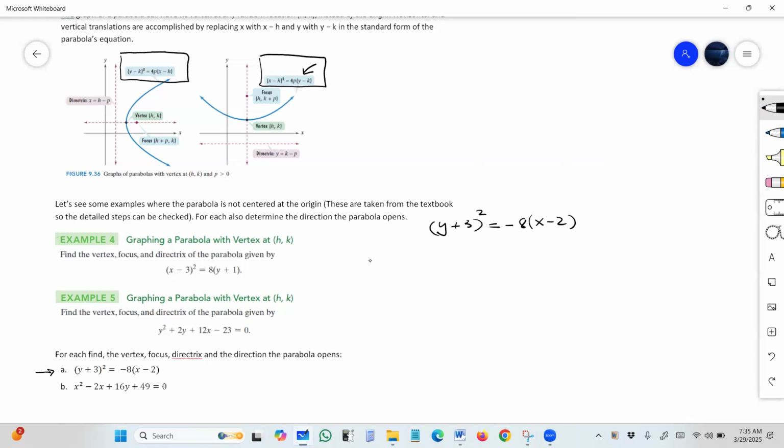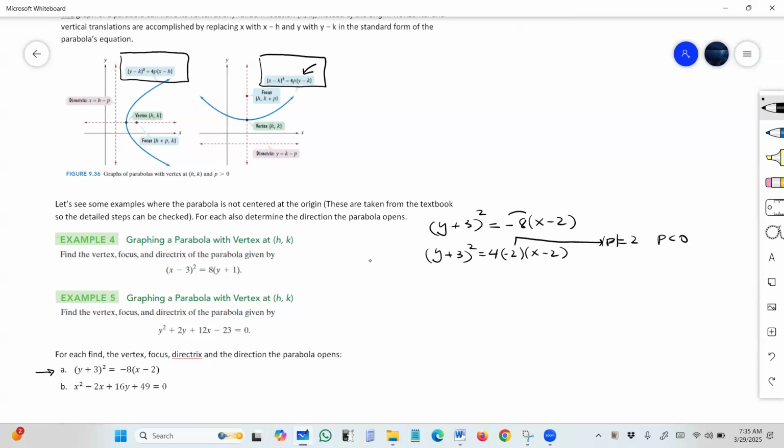All right, so the parabola is almost in the standard form. The only thing I need to do is factor a 4 out of here. So 4, and then obviously in here, negative 2, (x - 2). So obviously this is my p. The absolute value of p is 2, but in this case, p is negative.